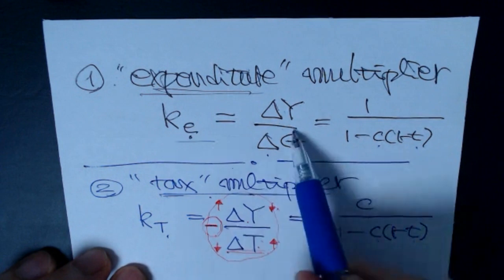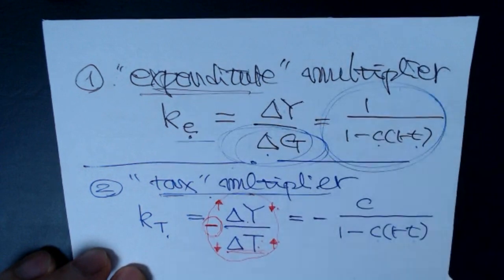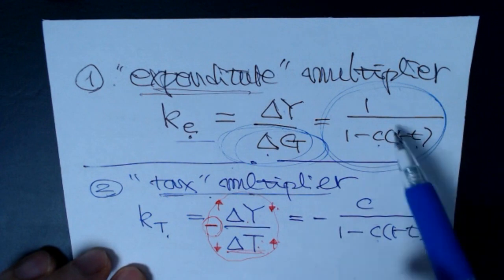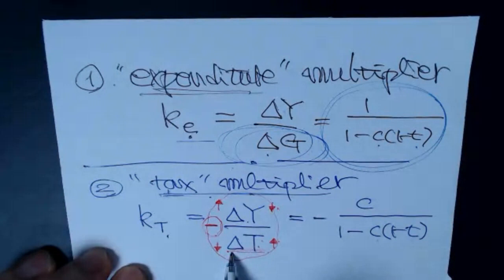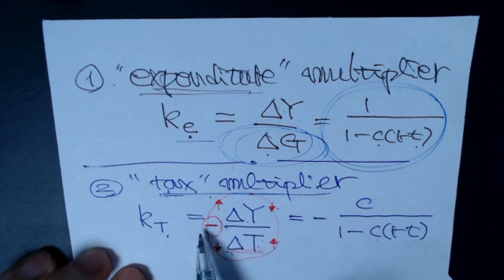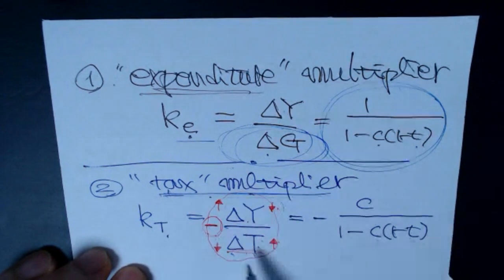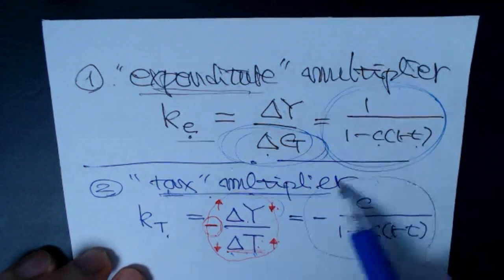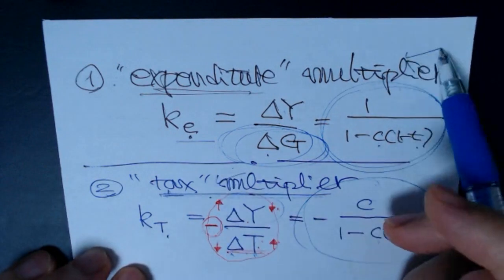So when government spending increases, output will be multiplied this many times. When the tax decreases, because we have negative signs, if the tax increases, national output must decrease. So when tax decreases, national output increases by these times. Multiplier.